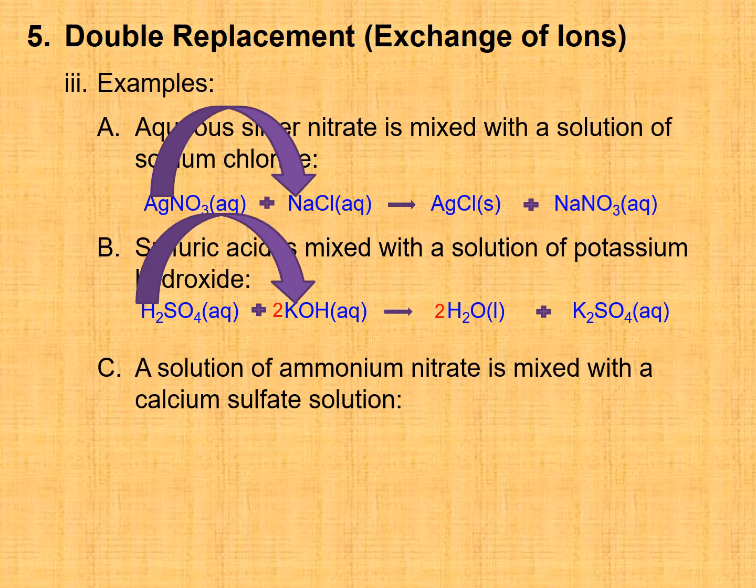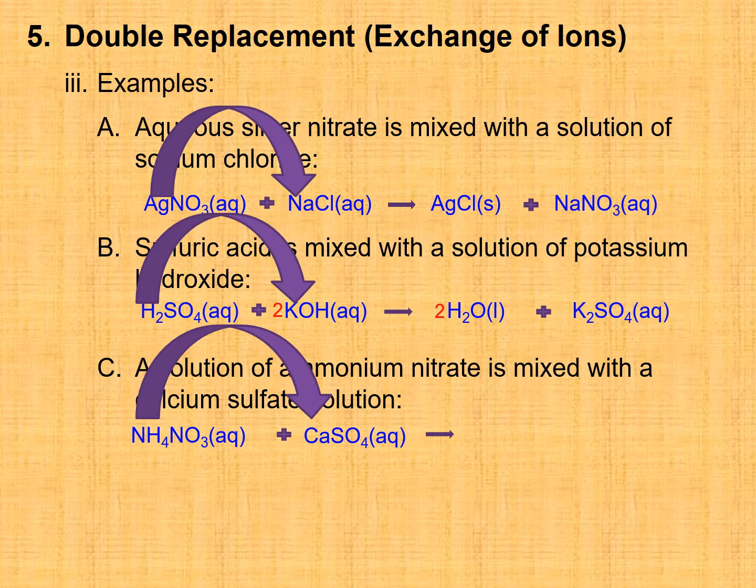In our third and final example, we're looking at a solution of ammonium nitrate being mixed with calcium sulfate. These start out as aqueous solutions. So let's take a look here. And in this case, let's go ahead and write the potential products, if there was an exchange of ions.